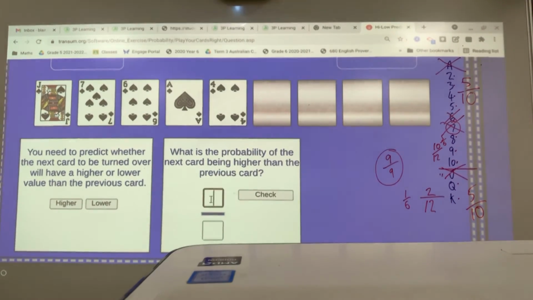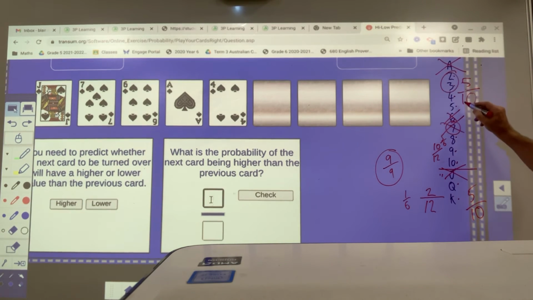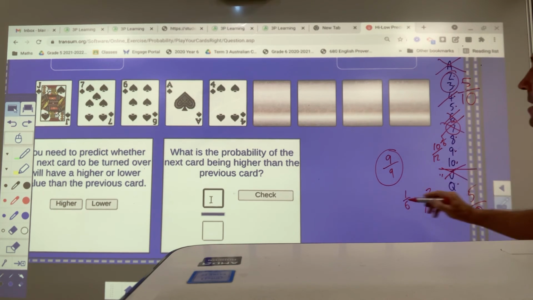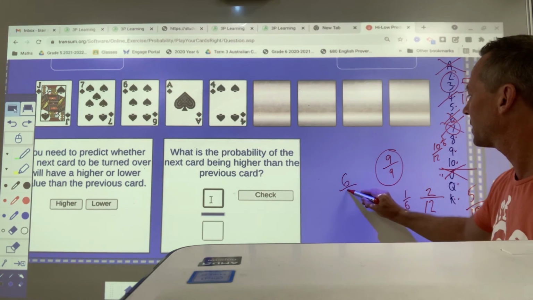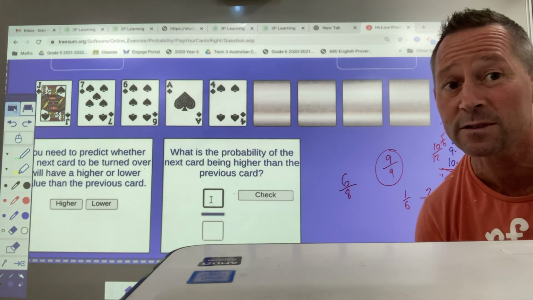And now let's have a look, do some calculations. A 2 and a 3. 4 is gone. So I've got 1, 2, 3, 4, 5, 6. I've got 6 chances out of 8. If I simplify that, 4/5.